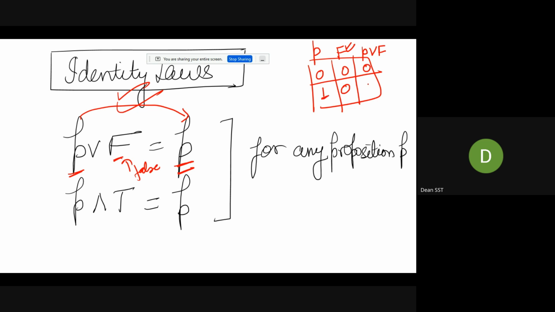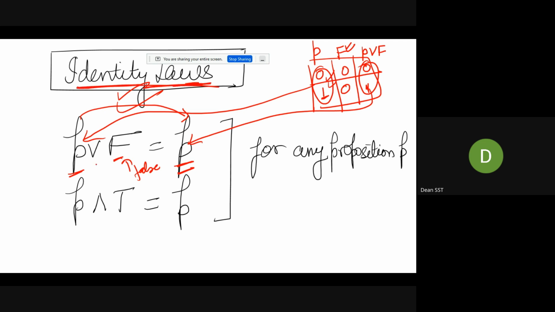When P is 1, the result is 1. So the input is 0, 1 and again we get 0, 1 as output. The result is the same. It means the identity law states that if you do ORing, the disjunction of a proposition with false, we get the same proposition as the result. So if we take the value of P as 0, we get the output as 0.